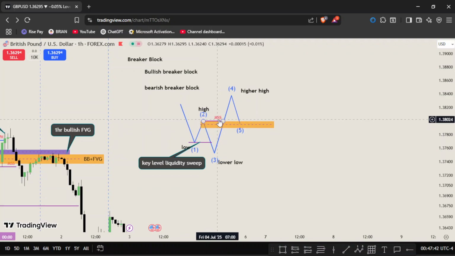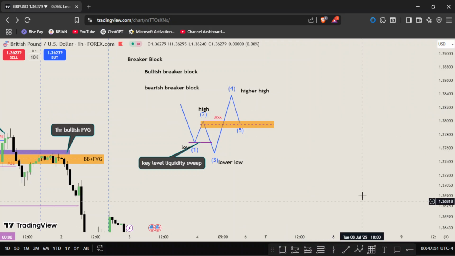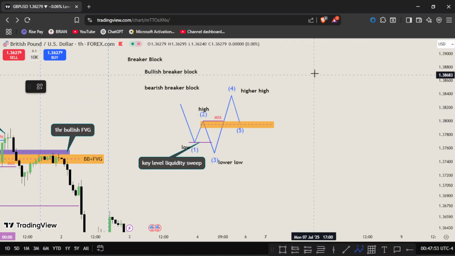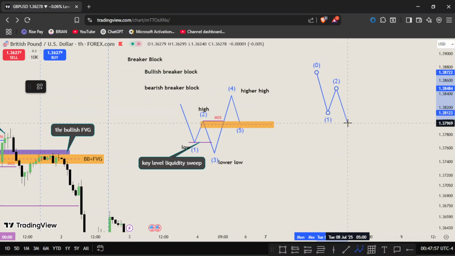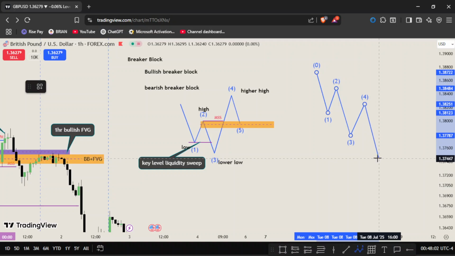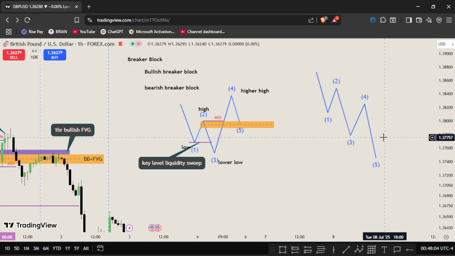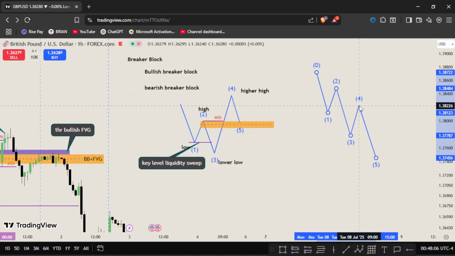So here we had a market structure shift, since price was moving on a downtrend. Because when price is moving on a downtrend, it creates something like this, like that, like this.